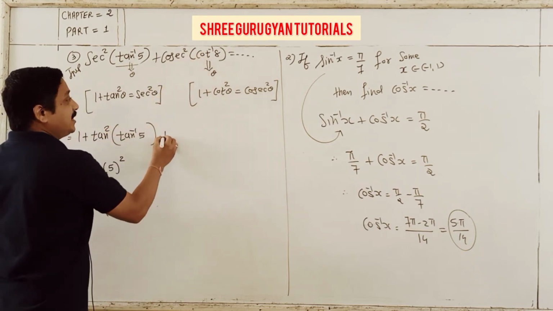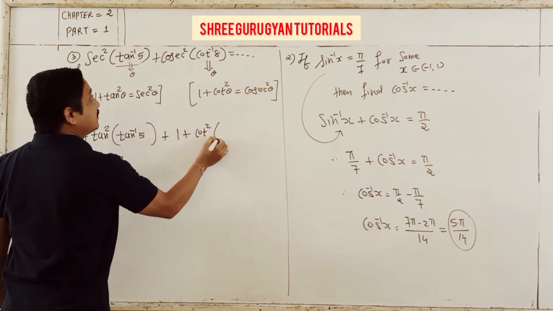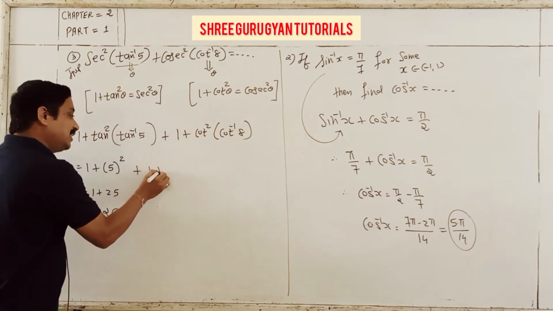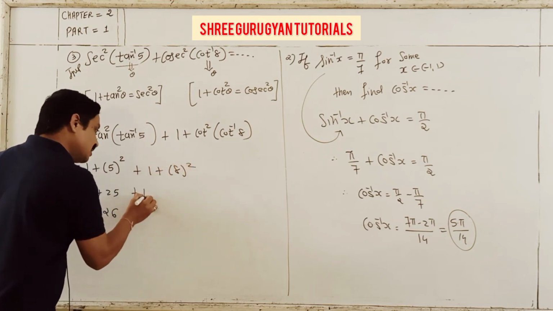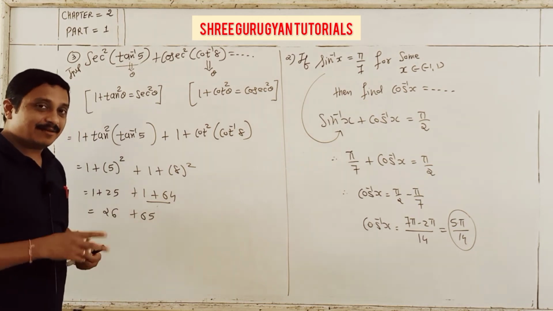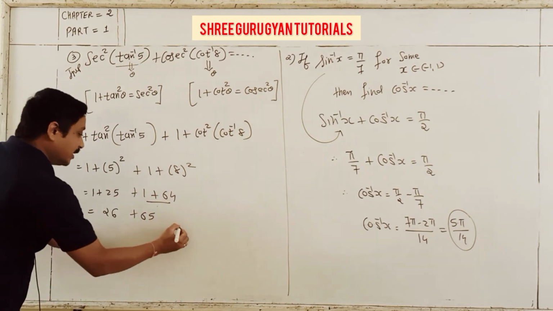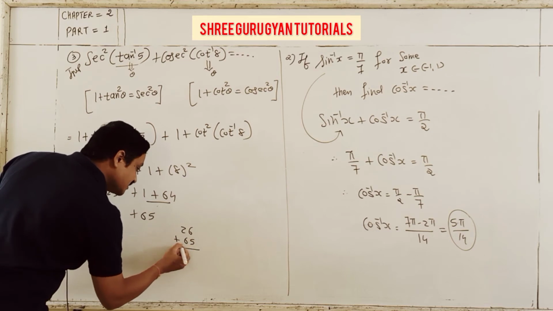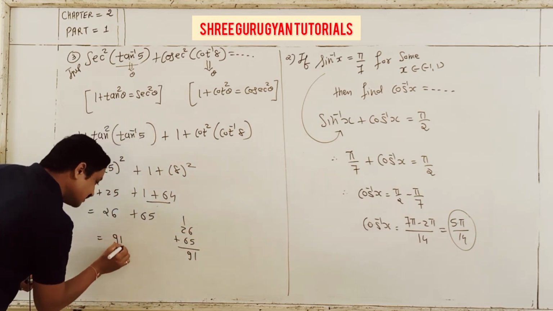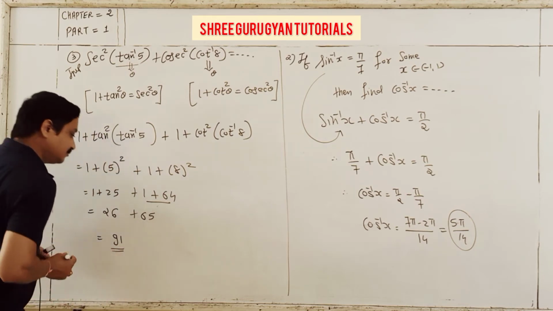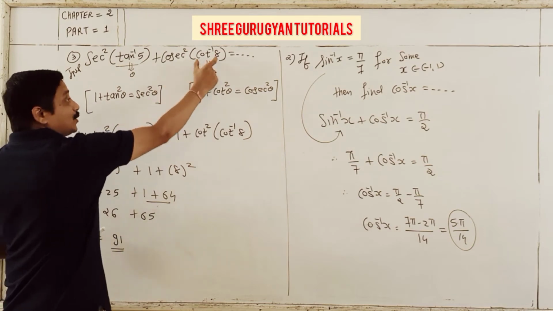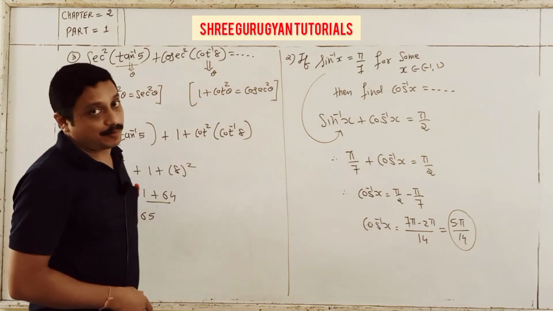So I will submit here 1 plus cot square, theta is cot inverse 8, both cancelling, internal 8 square, and it is 64 plus 1 is 65, and both plus. So 26 plus 65 is 91. That answer is 91. Very easy, but this is a property. Here also you will apply your property values.